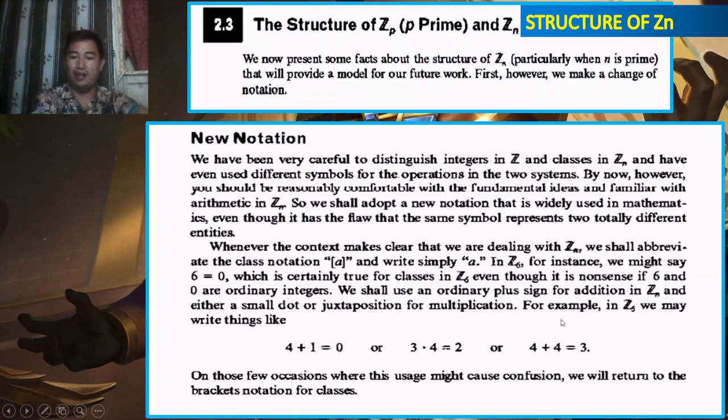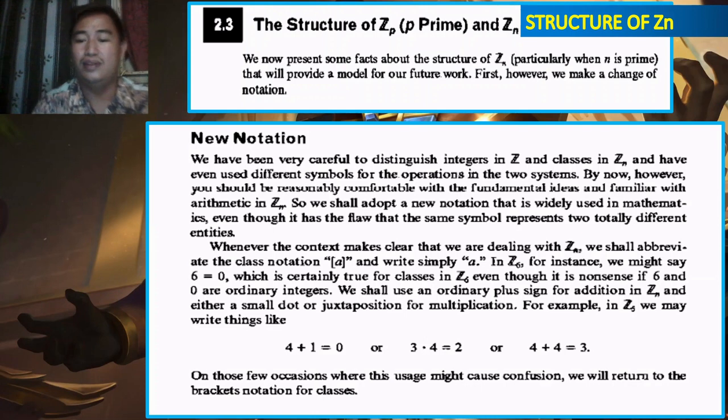So, ito lang gi-eliminate na po, ordinary na lang na symbol. So, for example, in Z5, we may write things like, okay, 4 plus 1 is 0, or 3 times 4, pila ganit kita, 12. Pila man na siya in Z5. So, 2 man na yung remainder, di ba? Kung we divide, so 2. Or 4 plus 4, 4 plus 4 is 8. So, 3 yung remainder. So, equal siya sa 3 in Z5.